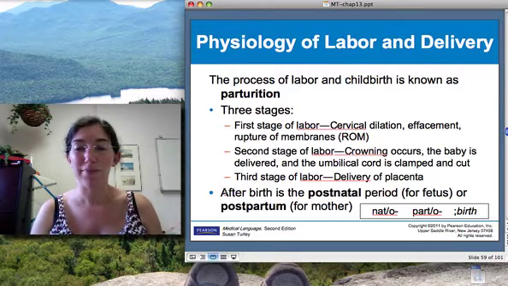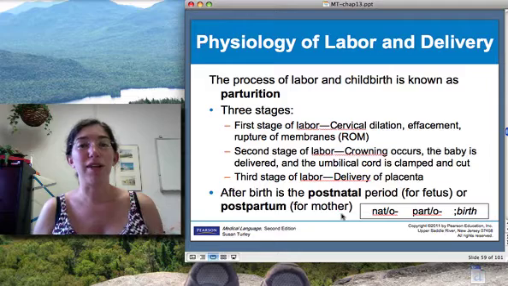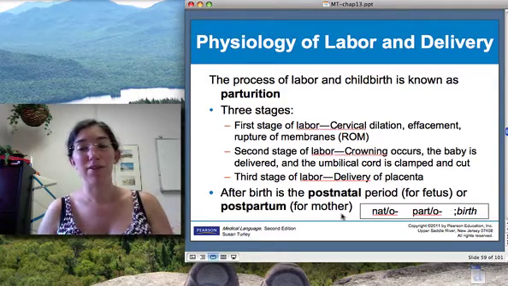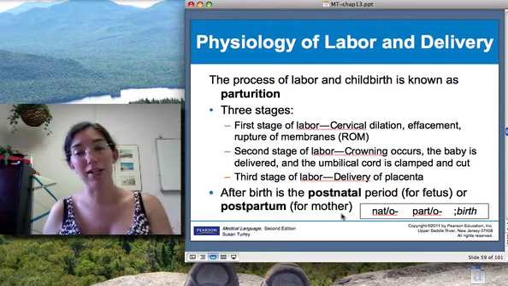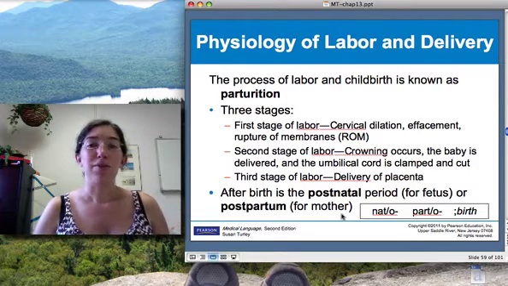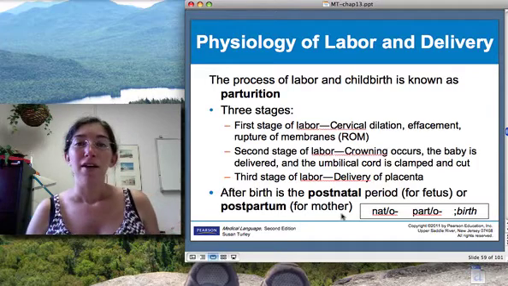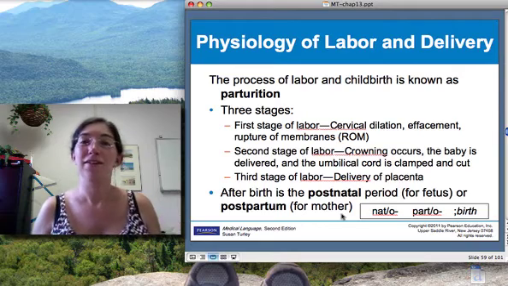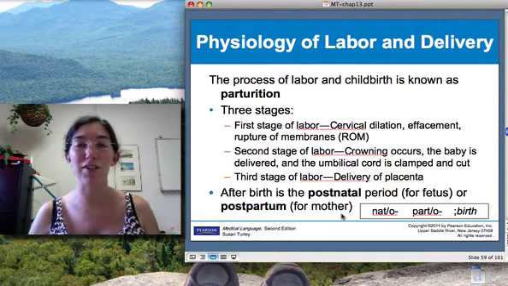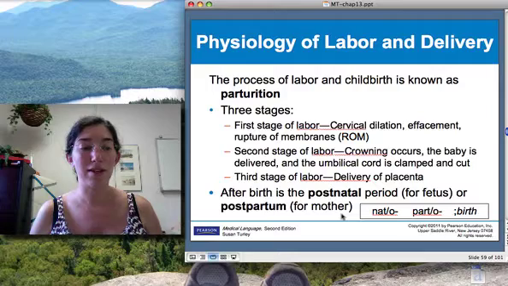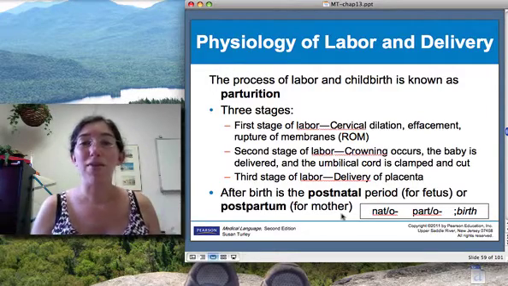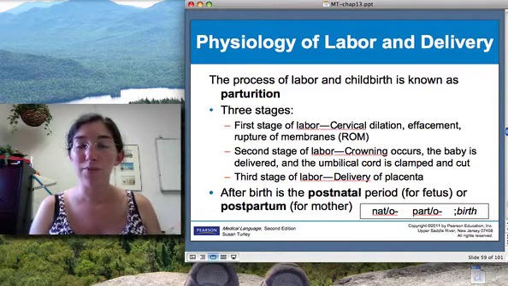I guess it's referred to as afterbirth. So again, with the terminology, the period after birth for the infant is referred to as the postnatal period, and for the mother it's referred to as the postpartum period. Think of postpartum depression, which is a common phenomenon that occurs after giving birth in women, and is largely due to the crazy amount of hormones that are still flowing through a woman after giving birth.